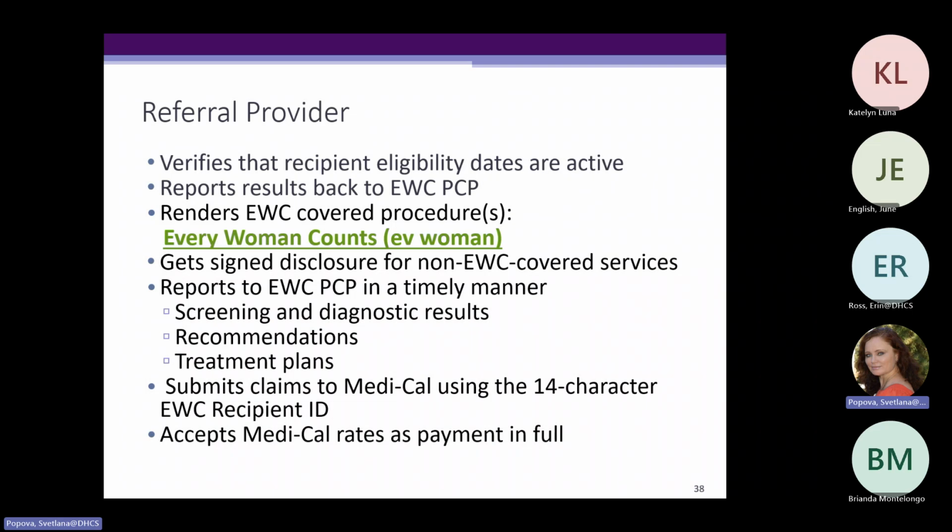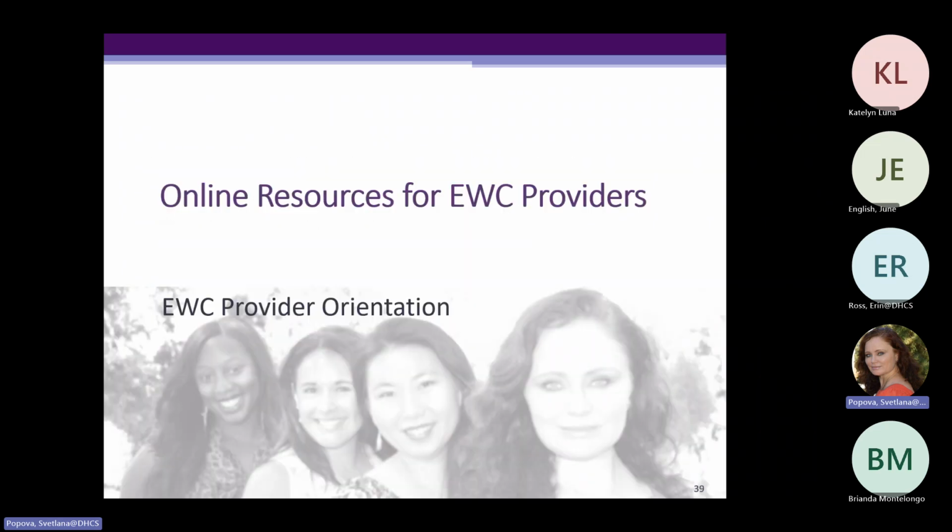We finally uncovered something that we really never addressed before. It seems that the first numbers of the recipient ID come from the provider residence or provider location. Also, a referral provider should accept Medi-Cal rates in full.